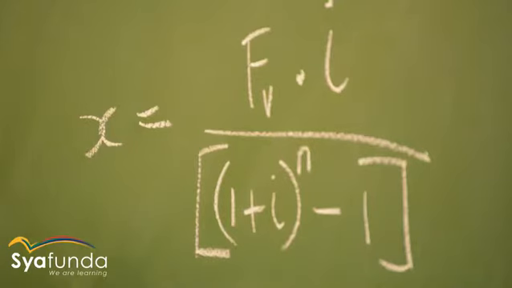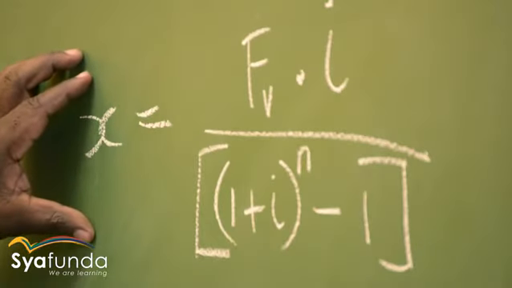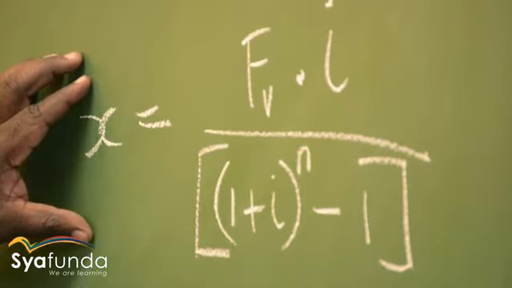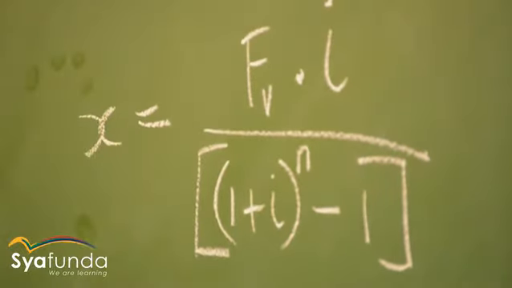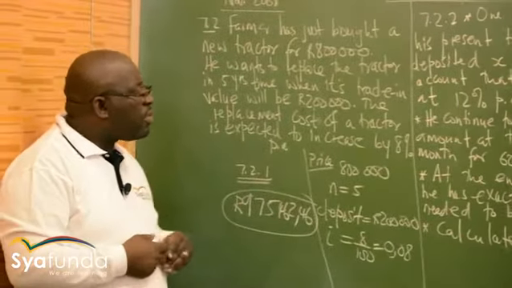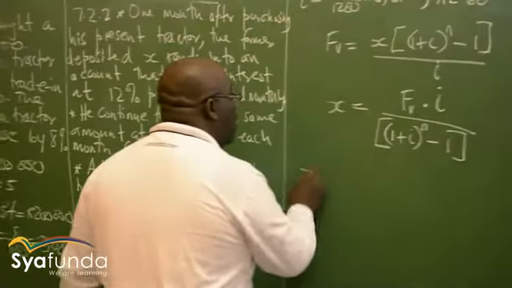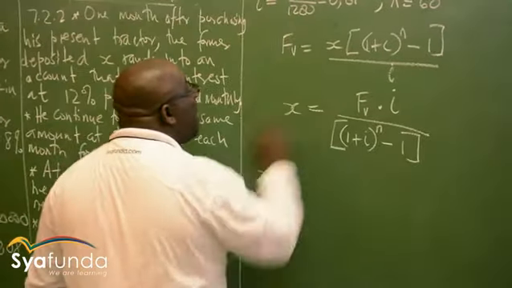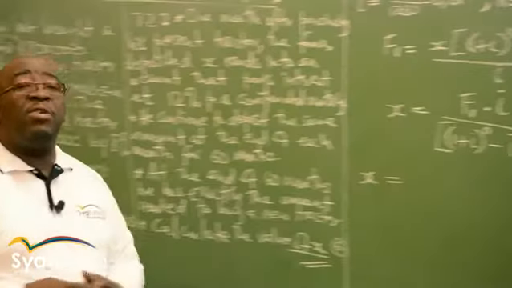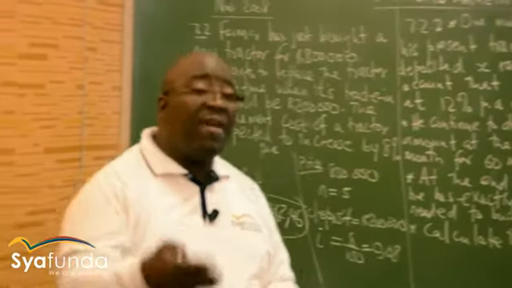Remember, these are the installments that this farmer will need to pay every month to get the amount of money that he needs in 5 years to purchase this tractor for cash, which is this amount. Let's push in the values that we have there. The installments then will be equal to, do I know the future value? Do I know the amount of money that this farmer needs to have in 5 years' time?